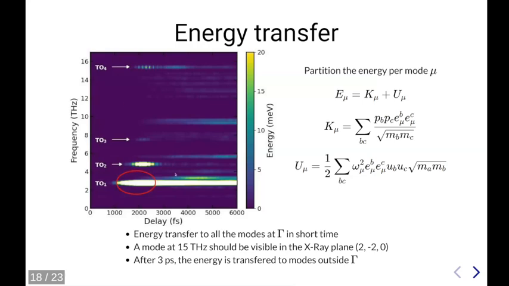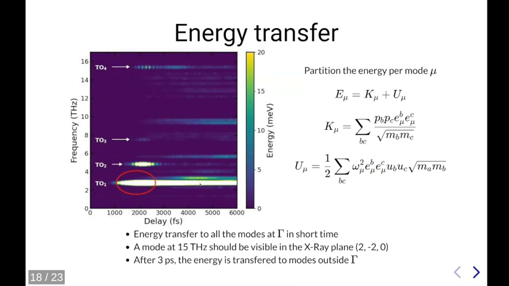And then after a few picoseconds of the dynamics, a lot of other modes start getting populated. All these three modes here are present in gamma, while all these other modes are phonon modes outside gamma. So the dynamics is really complex, because almost all phonon modes get populated due to anharmonic coupling between them.